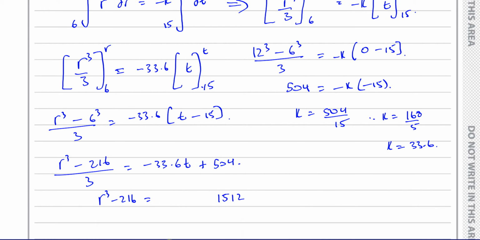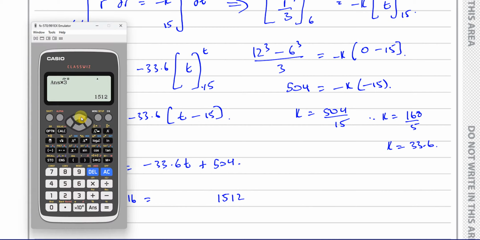And you multiply this by 3. Sorry, what we're doing, that's 33.6 multiplied by 3 gives me 504 over 5, which is 100.8.